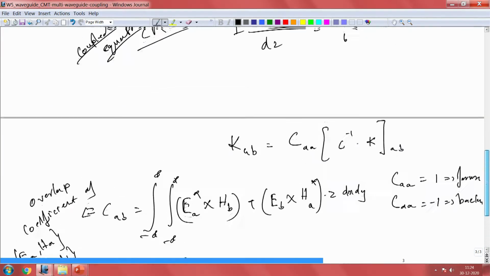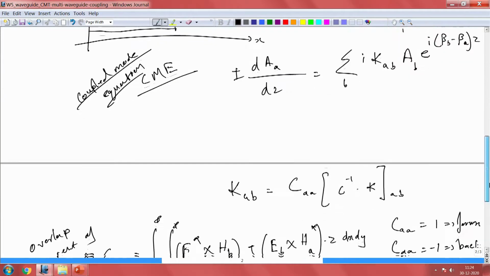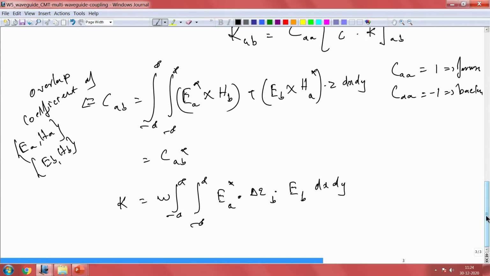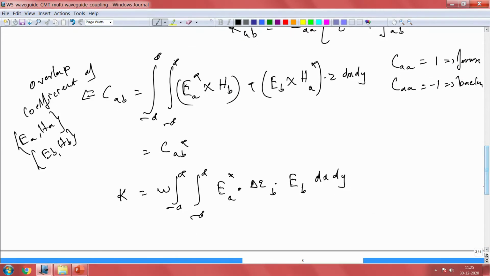As we discussed earlier, we take individual fields and then see how we can couple them together. So, now we have the coupling coefficient as a function of field overlap and the perturbation that we have here.